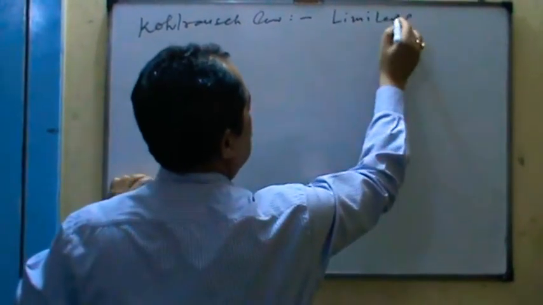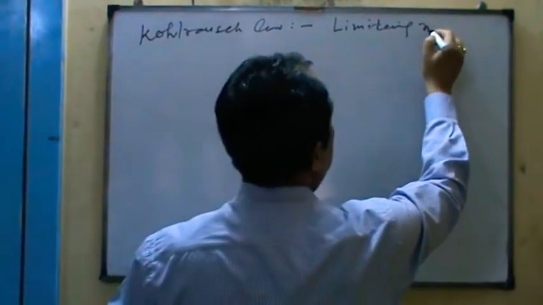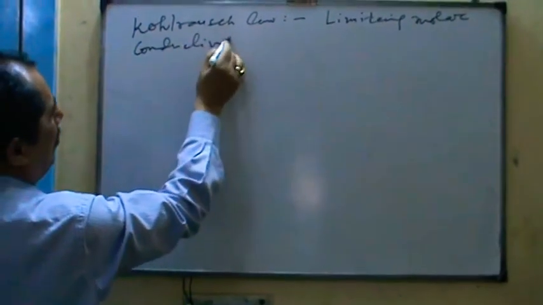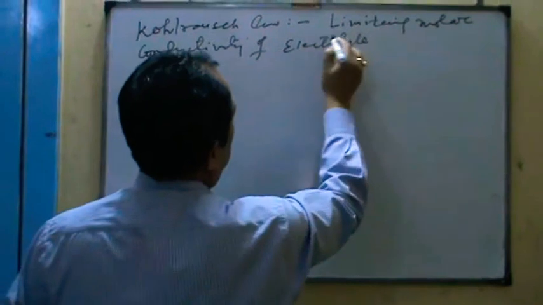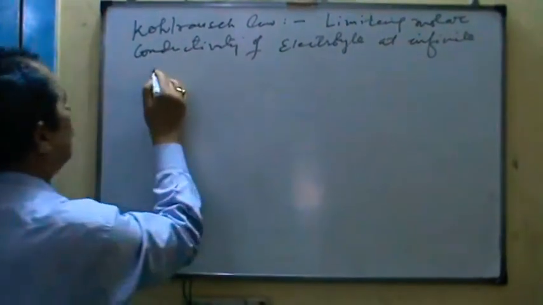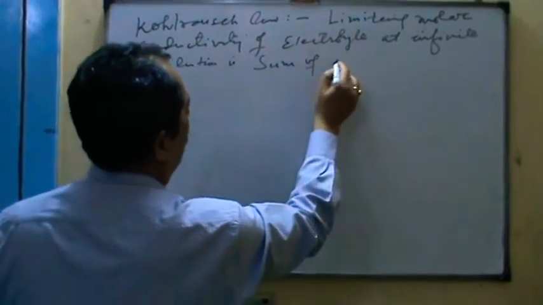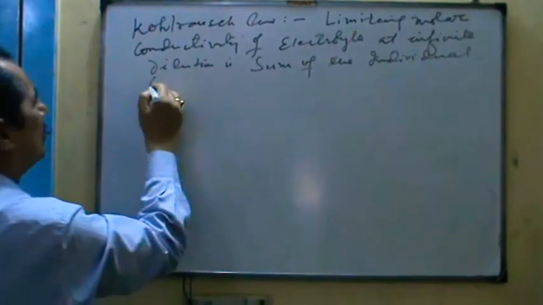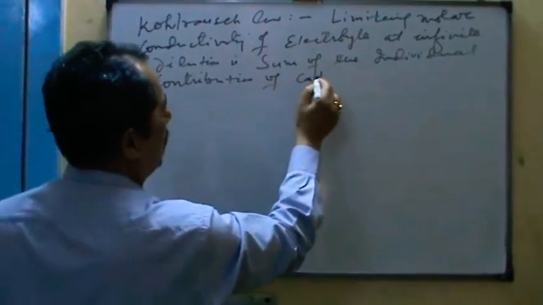Kohlrausch law is defined as: the limiting molar conductivity of an electrolyte at infinite dilution is the sum of the individual contributions of what?